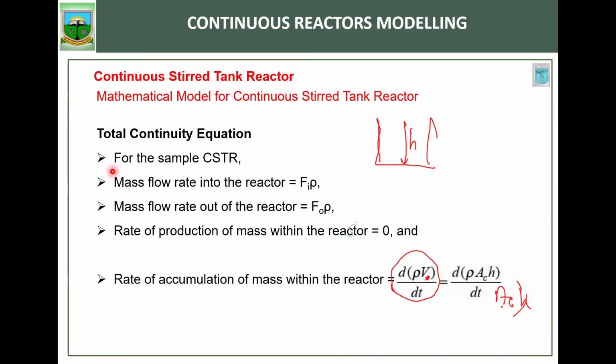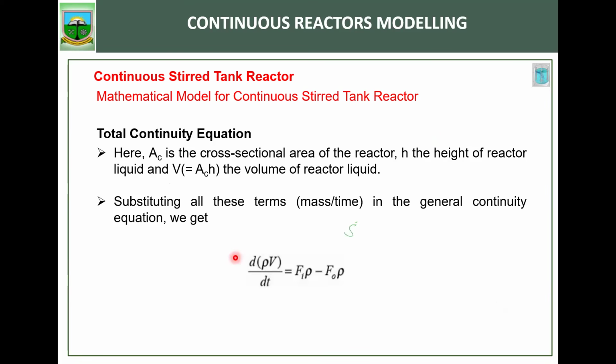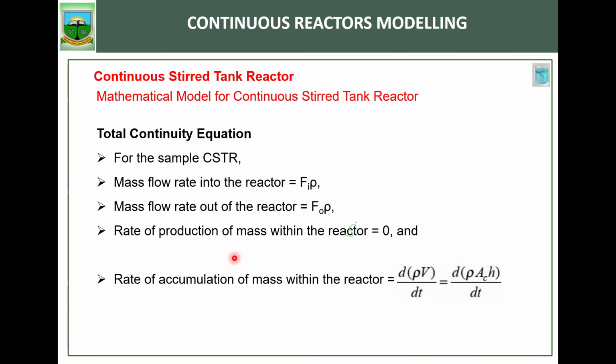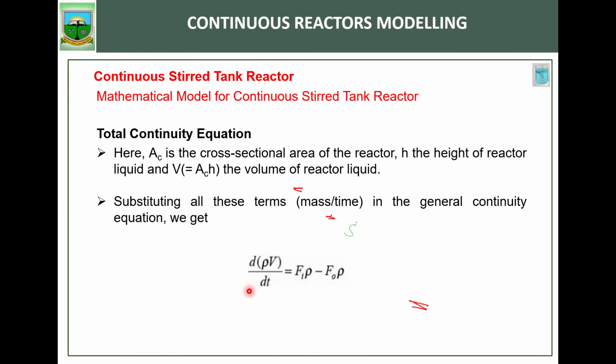Once the height of the volume changes, we know how much mass is accumulating inside the reactor. So when we have this, the next thing is just to apply the terms. So from here, this one is equal to this. That's what we have. Okay, now I can further break this one down.